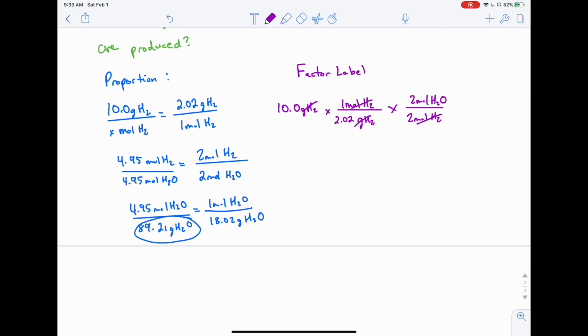That cancels. And then 1 mole of H2O is 18.02 grams of H2O. And then the moles of H2O cancel, and you're left with grams of H2O. And all this is the same thing as you did in proportion. So you should get the same number, 89.21.